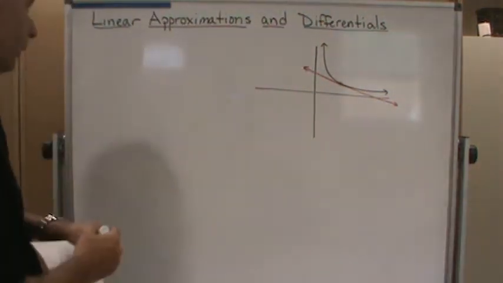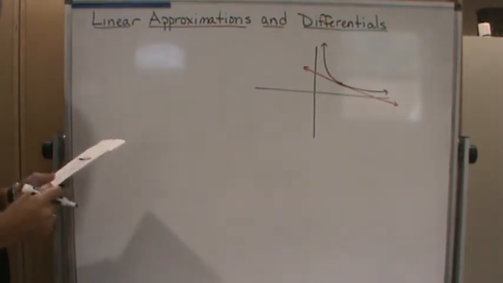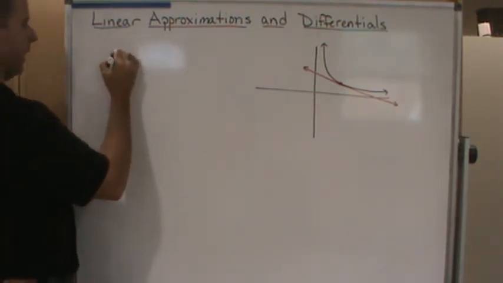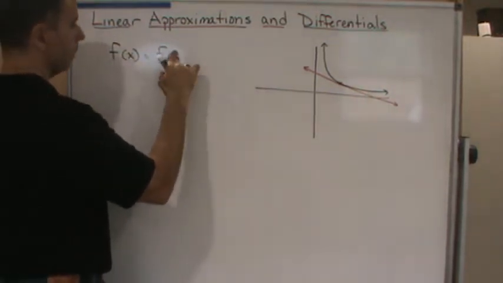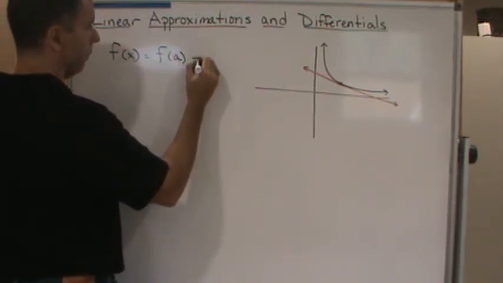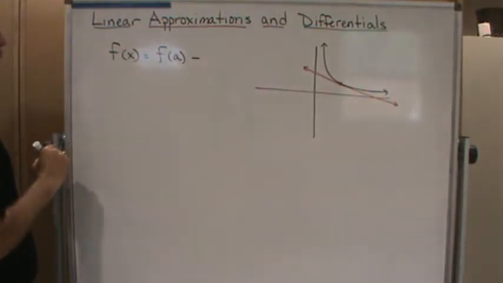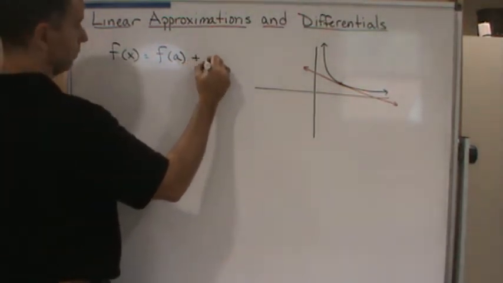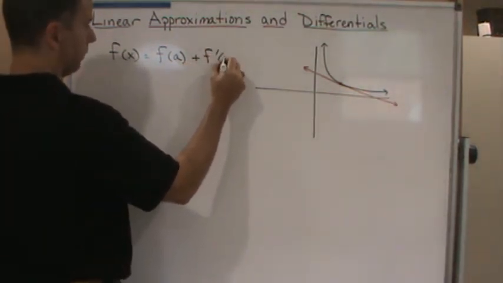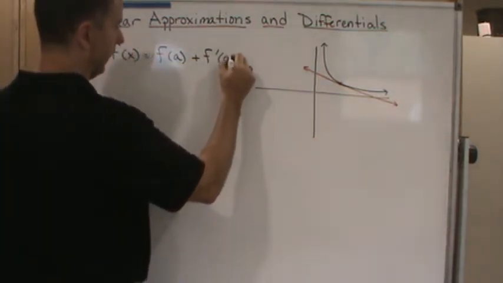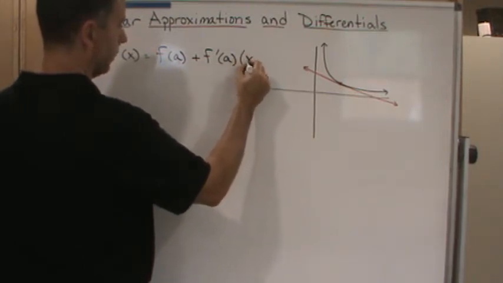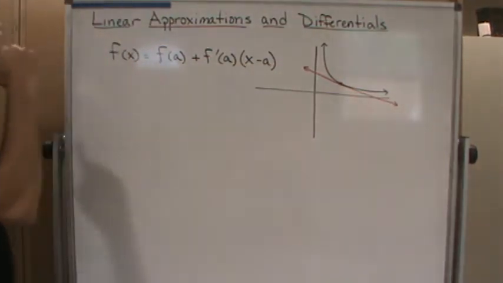So remember from before, we have f of x is equal to f of a plus f prime of a times x minus a.